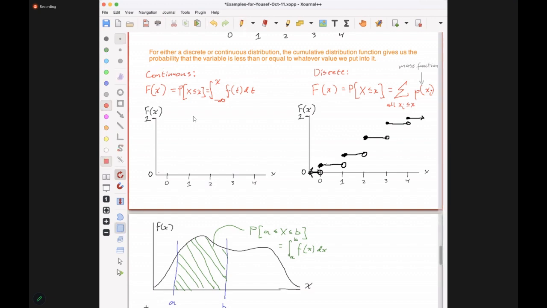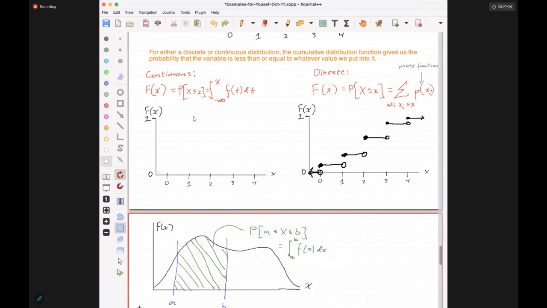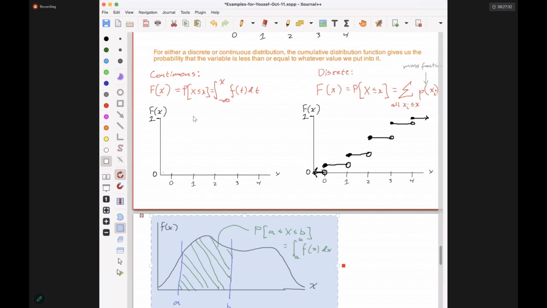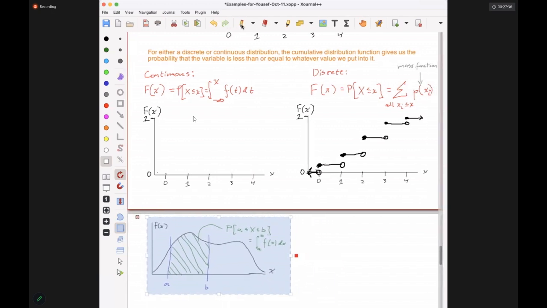For the continuous case, I just have this here so that I know what to draw. I just need to be able to look at this. We're starting here at 0. I guess a tiny bit above 0 because I didn't go quite all the way down.